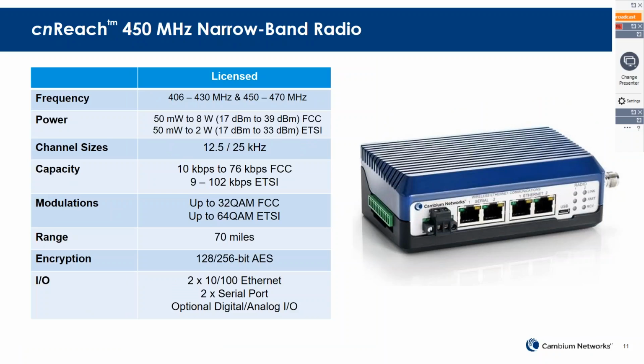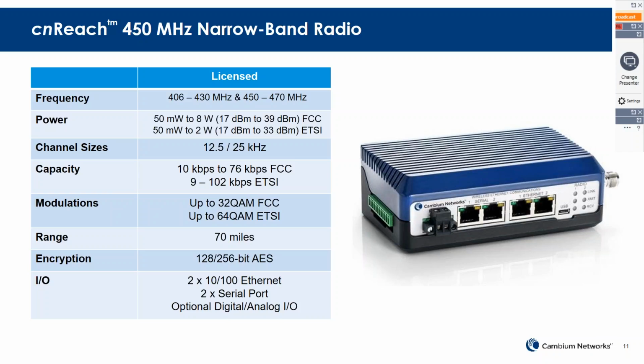We operate in the frequency range of 406 to 430 megahertz, 450 to 470 megahertz. In terms of power output, we operate up to 8 watt for FCC and 2 watt for ETSI, and the channel size can be 12.5 to 25 kilohertz.